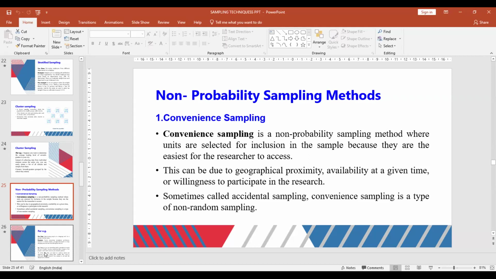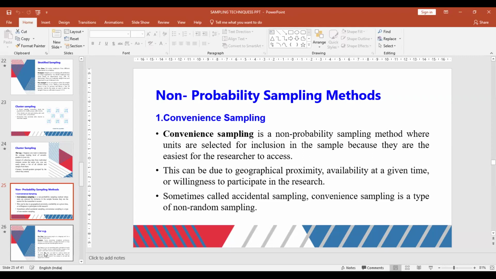Why? Because, as the name says, convenience sampling is a non-probability sample. The units are selected for inclusion in the sample because they are easiest for the researcher to access.